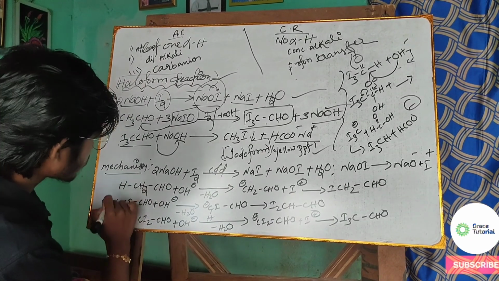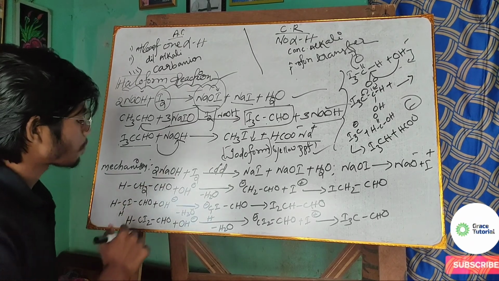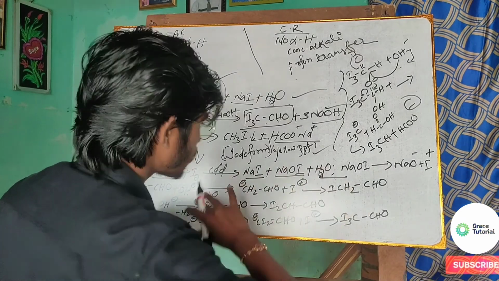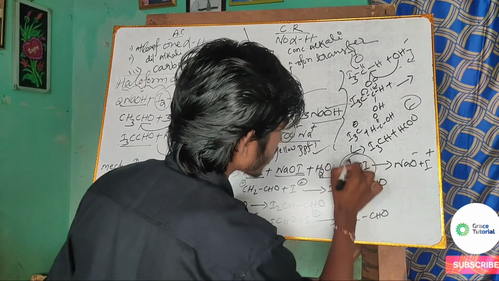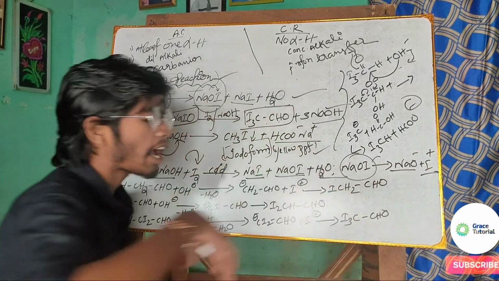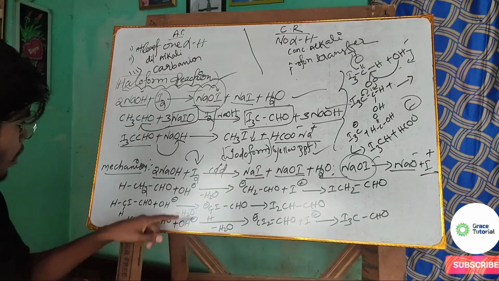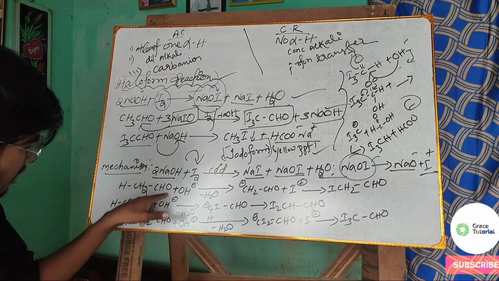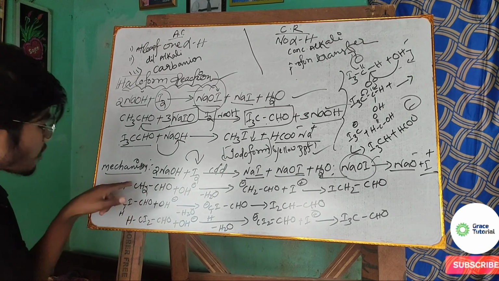If you look at the mechanism, we have sodium hydroxide. When it reacts with I2, NaOI, NaI and water are obtained, no doubt. But this NaOI, on dissociation, gives sodium ion and hypoiodite, that is IO minus. Here I have taken acetaldehyde, CH3CHO.